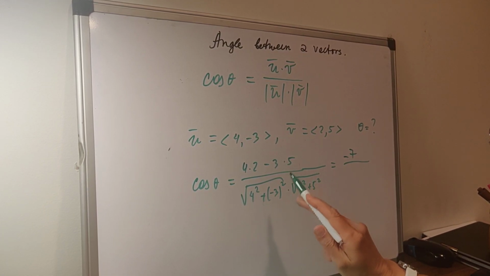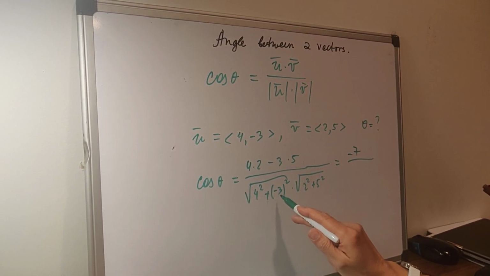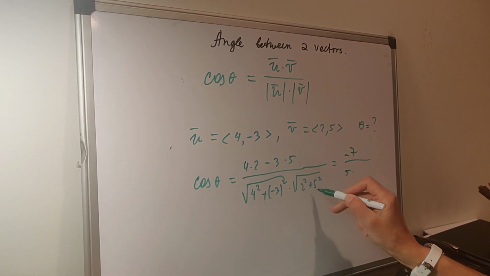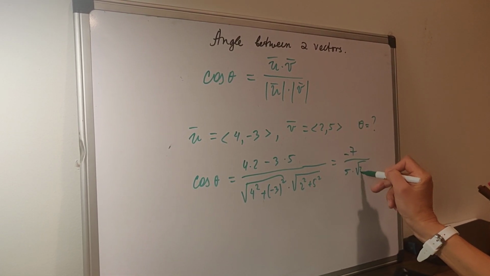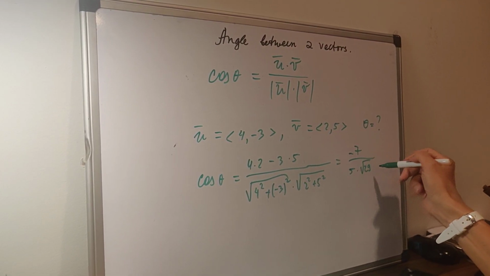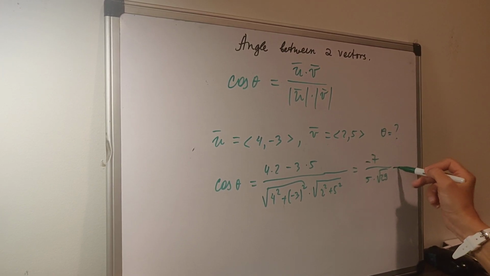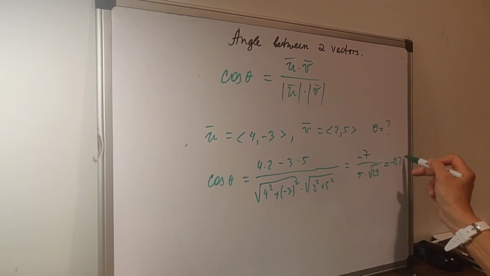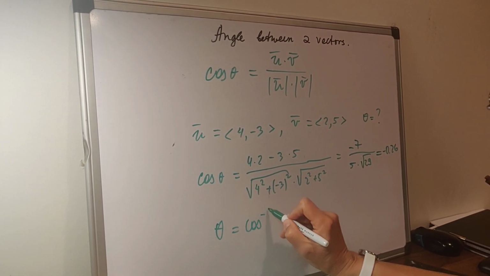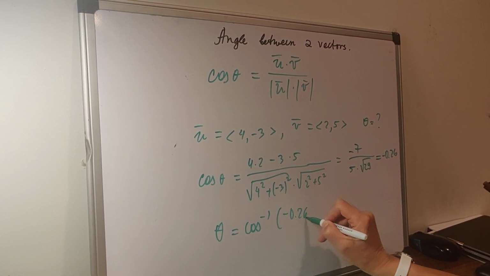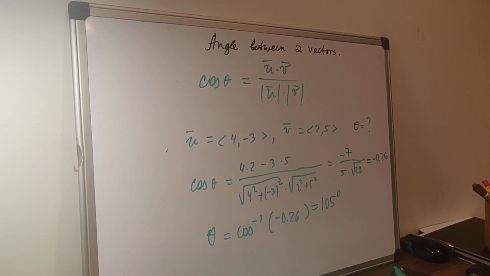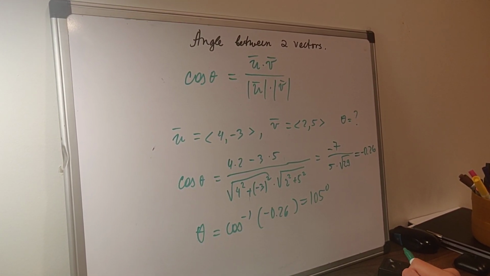In the denominator, 16 plus 9 gives 25, the square root is 5. This one is not going to give anything good: 25 plus 4, the square root of 29. If you take a calculator and write it down approximately, it's negative 0.26. And theta is cosine inverse of negative 0.26, which is approximately 105 degrees. So that's how we calculate the cosine.